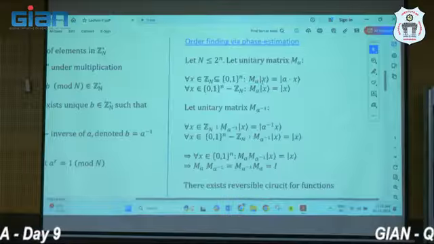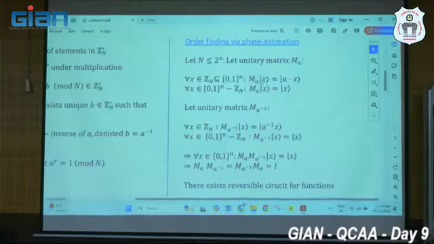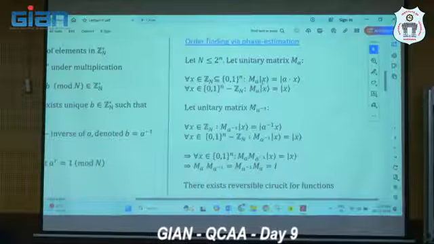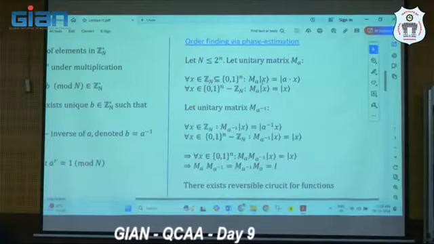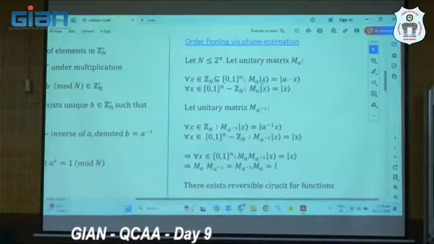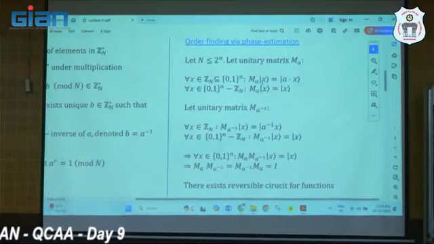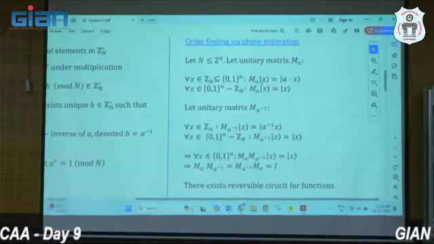Why is this a unitary? Because you see, a has a multiplicative inverse. So two different x cannot go to the same value. When you multiply by a, if two things go to the same value, if I multiply by the inverse, I should get back, right? How will I get back? I cannot get back.